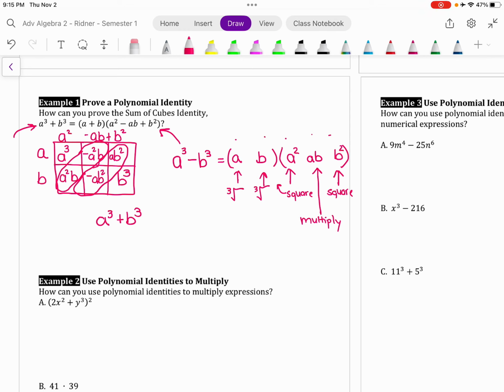Okay. And for our signs, we're going to do the acronym SOAP. And it stands for same, opposite, and always positive.